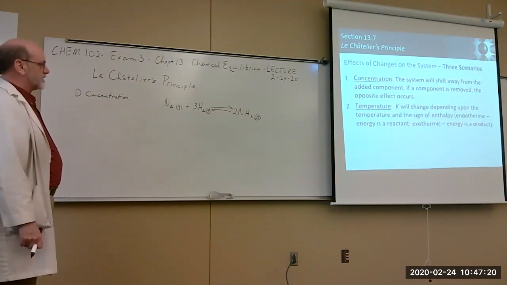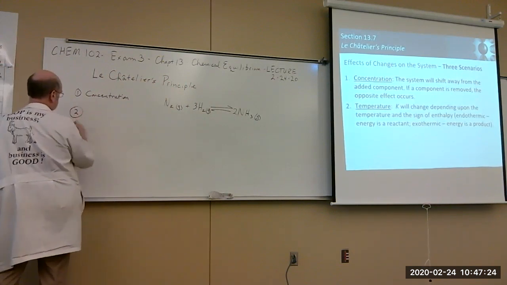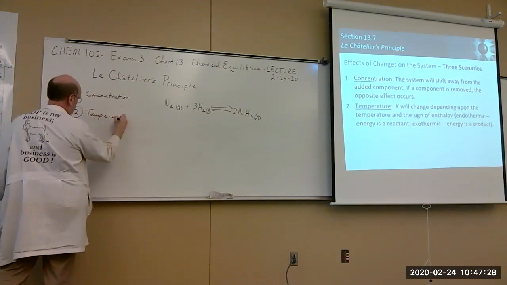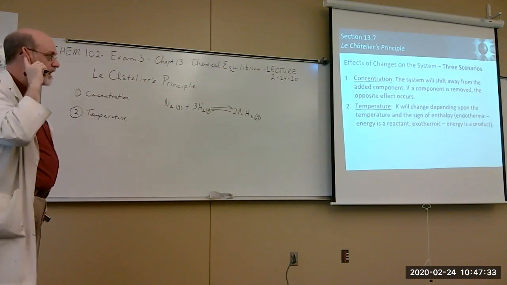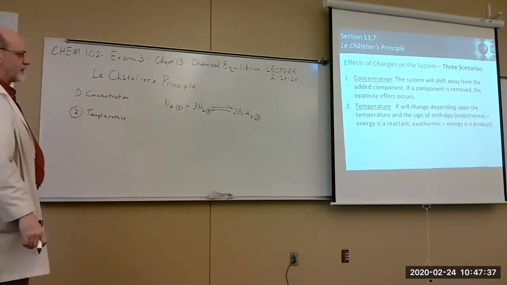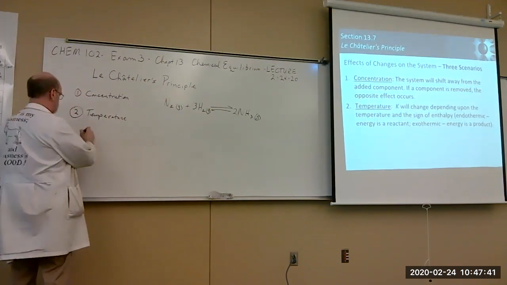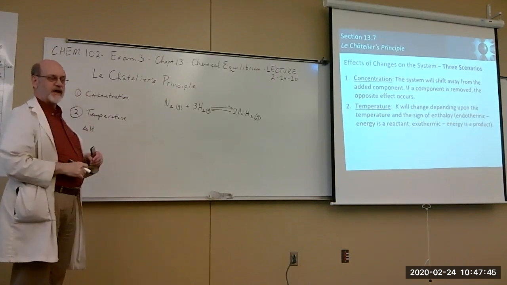So what other possibilities are there? What happens if you change the temperature? Yes, the K will change. And it will depend upon the delta H of the reaction, the enthalpy of the reaction.